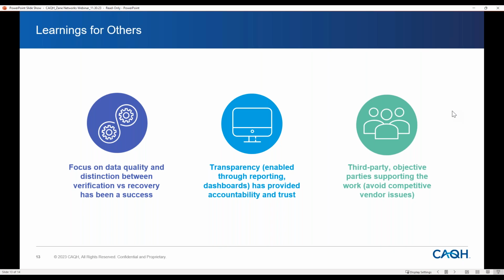The first that we wanted to stress was this idea of data quality and the real focus on upfront identification versus the reliance on the recovery process. Not only having rich, refreshed, and expansive data to try and identify opportunities, but really being able to rely on validated information at scale.